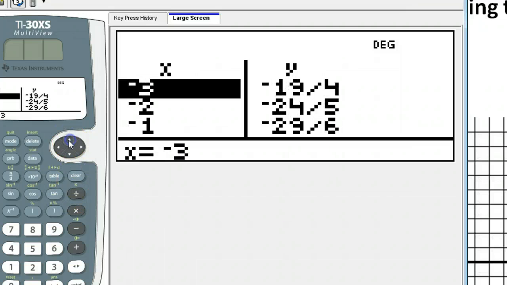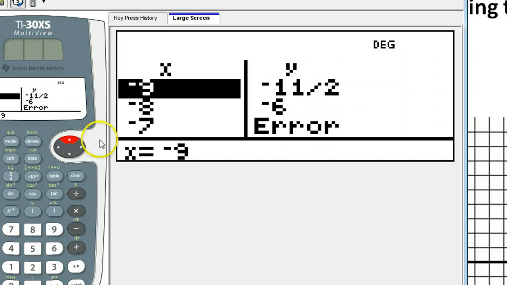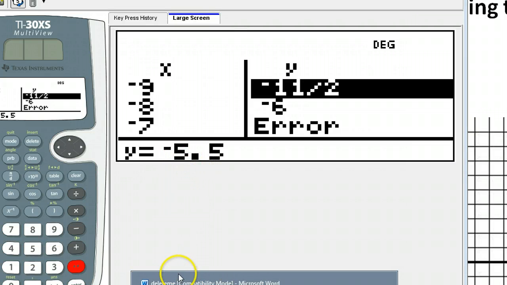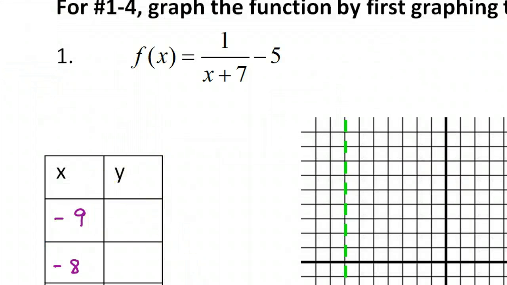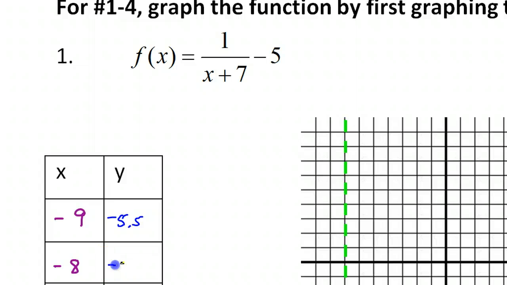So let's go to -9. At -9 we have 11 over 2. We'll toggle it to see the decimal. So that's -5.5. And -8 is -6.